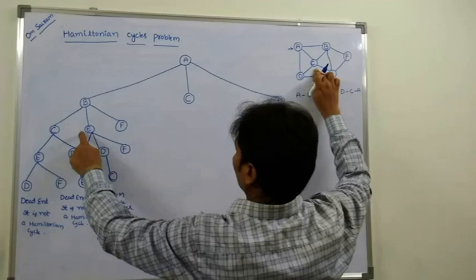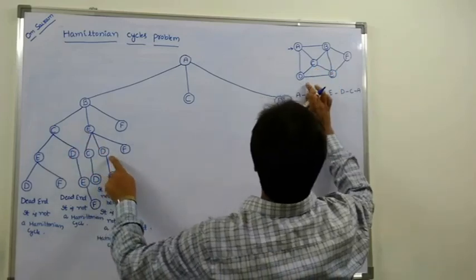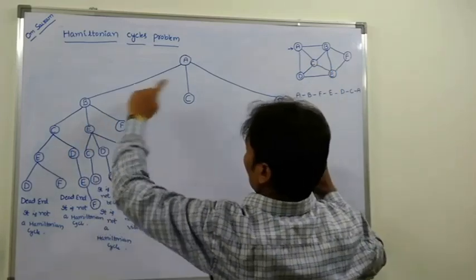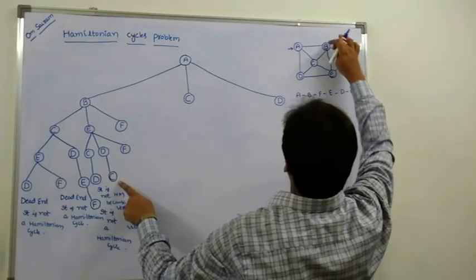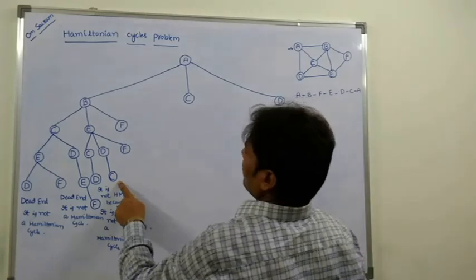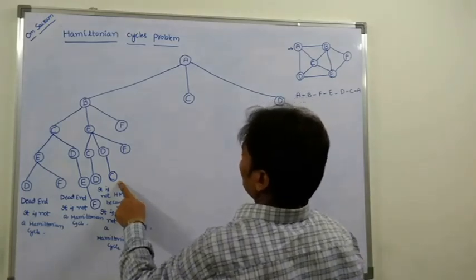Again we are considering B is adjacent to A, C, E. C is adjacent to A, B, E, D. A, B, E already completed.